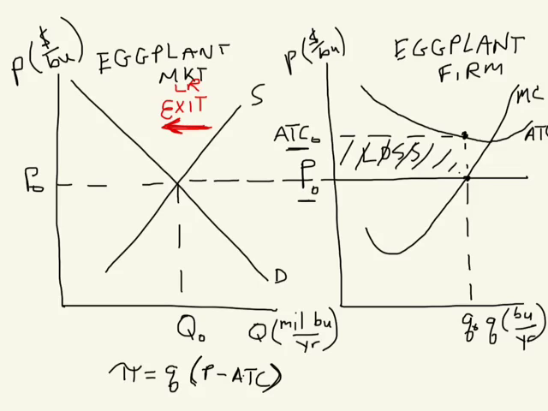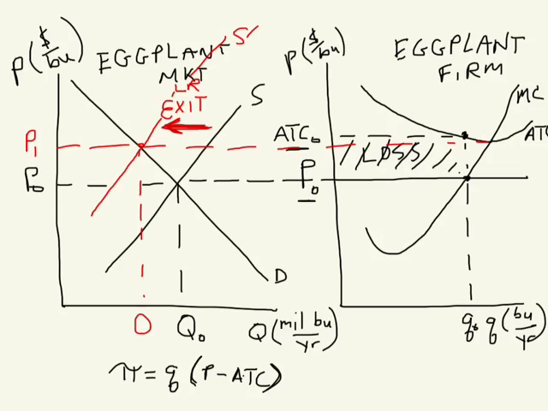The market supply curve shifts left. How far is that shift going to have to go? It's going to have to go all the way to the point where the surviving firms are just breaking even. Call that, very creatively, P1, and we'll draw a line where enough exit has occurred to bring the market back to a long-run equilibrium at the zero profit point.